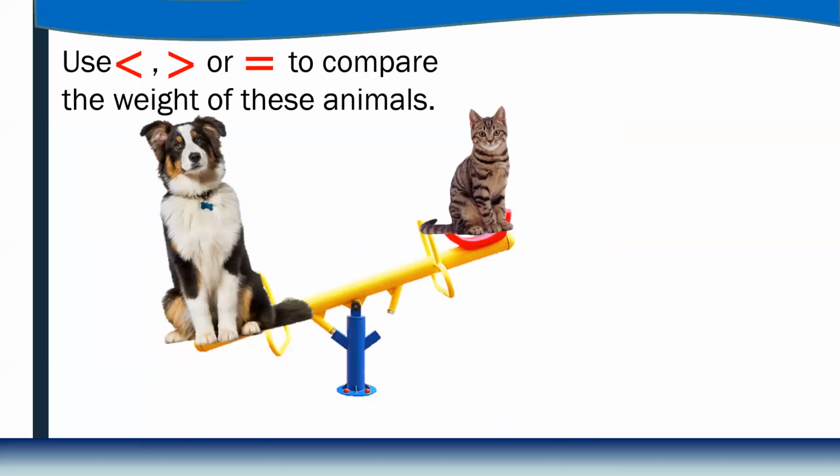Now here is your final task for today. In this task, we will compare how much the dog weighs to how much the cat weighs. Then use this to explain the position of the animals on the seesaw. Boys and girls, do you know which symbol we should use to compare how much the dog weighs to how much the cat weighs?